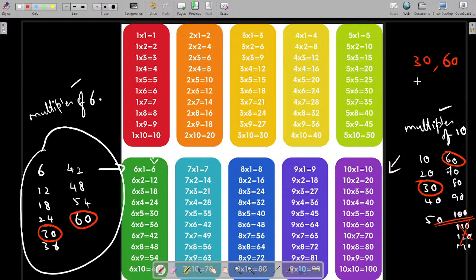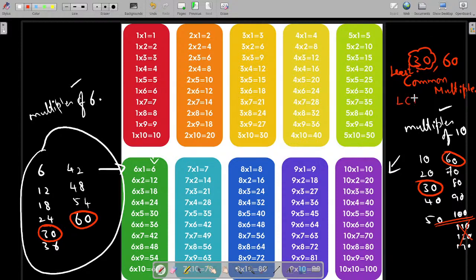These are called common multiples. In these common multiples, if I take the least value, what's the least value here? 30 is the least value. This is called the least common multiple.